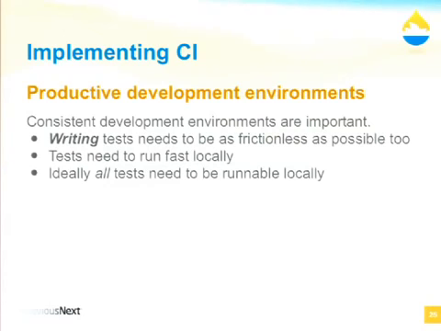So it might not be that obvious that this is related to continuous integration, but it actually is, because you want to have as few differences from environment to environment as you can.